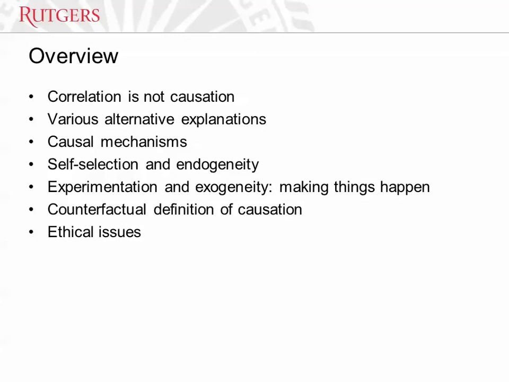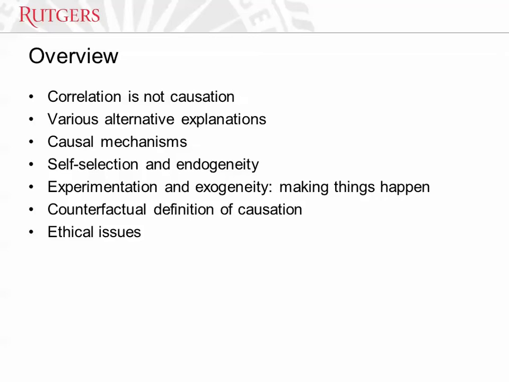We're going to look at the notion of causal mechanisms, which we touched on a bit when we thought about theories in research, but we're going to look at it more as an issue of causation this week. And then we're going to introduce the ideas of self-selection and why that causes problems in terms of interpreting cause and effect, and the notion of endogeneity, which is an idea we'll explain.